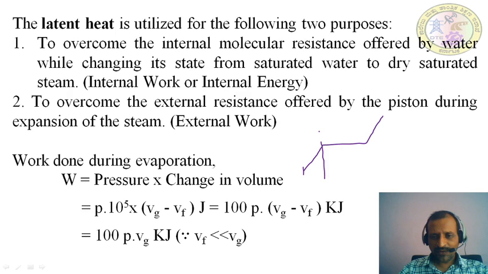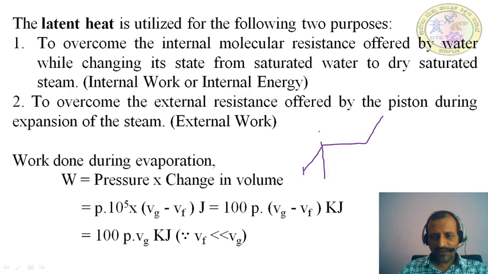First, during this stage, the heat you supply to the system is utilized to overcome the internal molecular resistance offered by water while changing its state from saturated water to dry saturated steam. Initially at point A the temperature is 0 degrees Celsius, that is water.